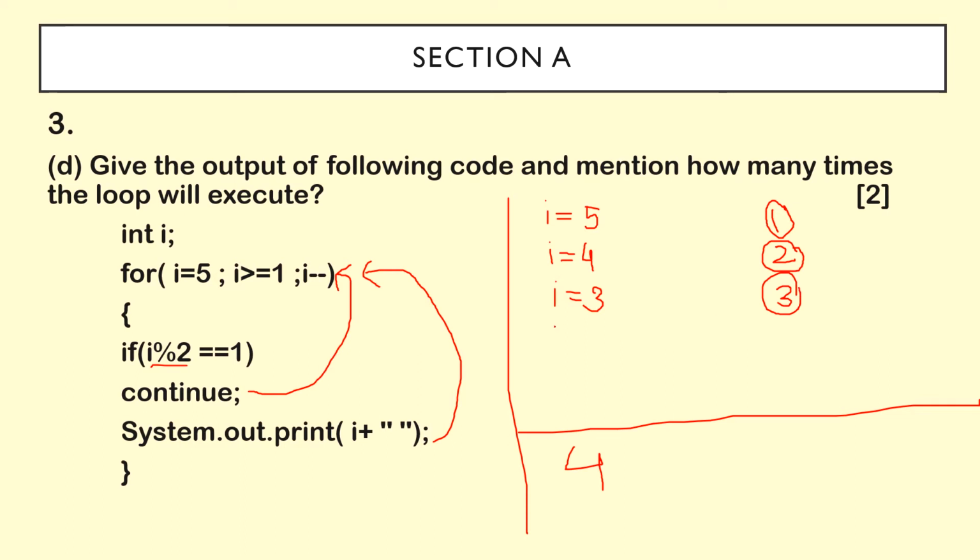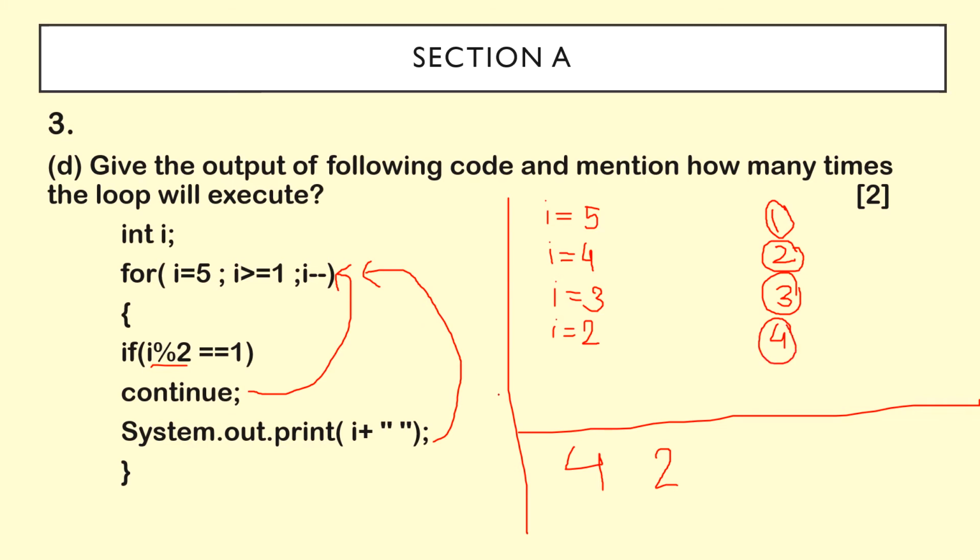Now I is equal to 2. Over here 2 mod by 2 is equal to 0. So yes, it will go and print. Here a little bit of space because of the double quotation which is given over there. So 2. And this loop has run for the fourth time.